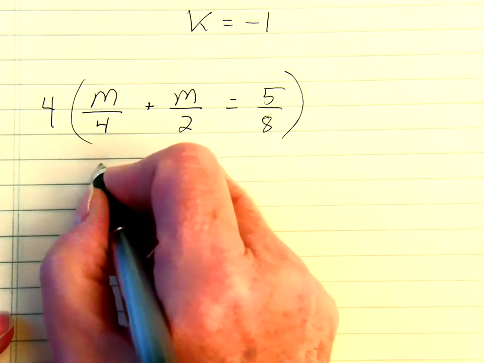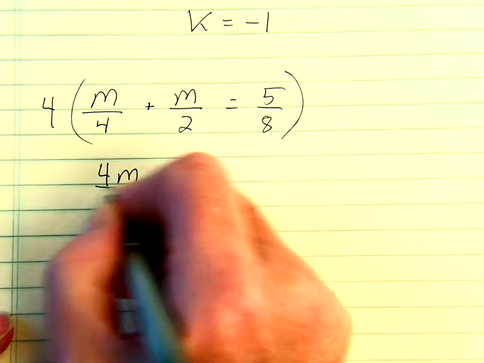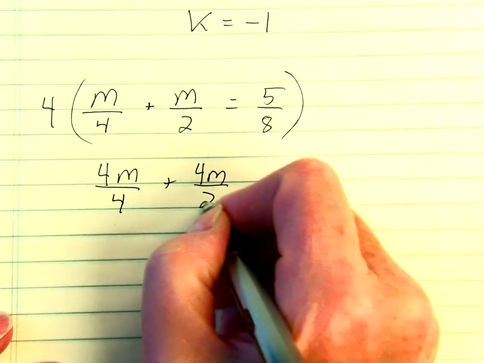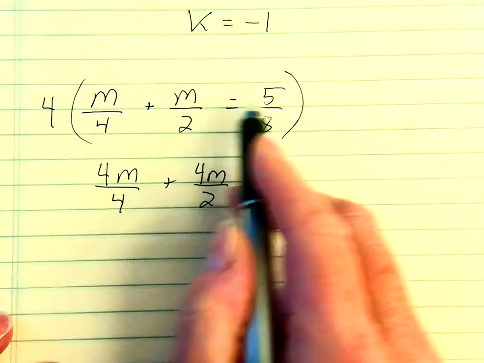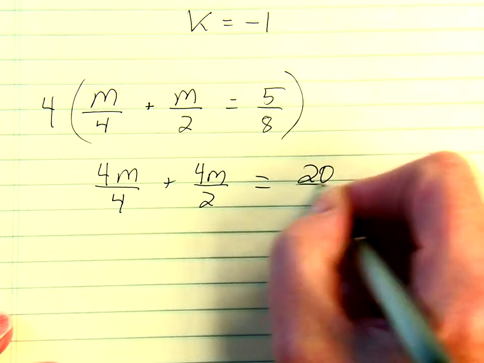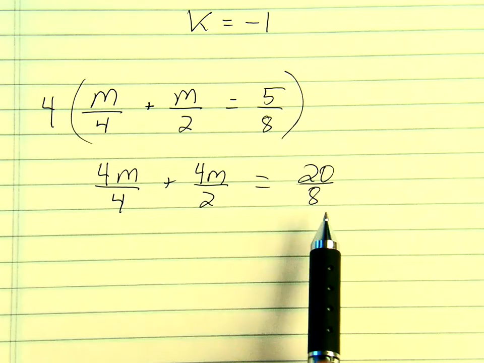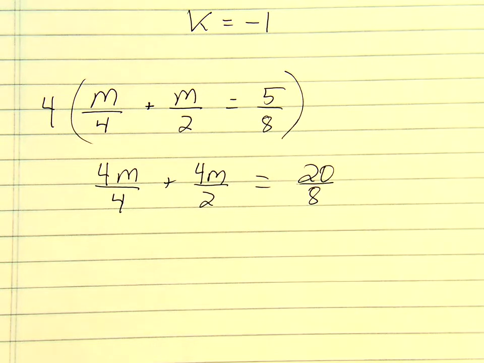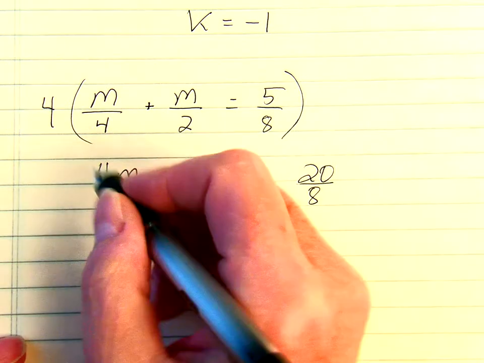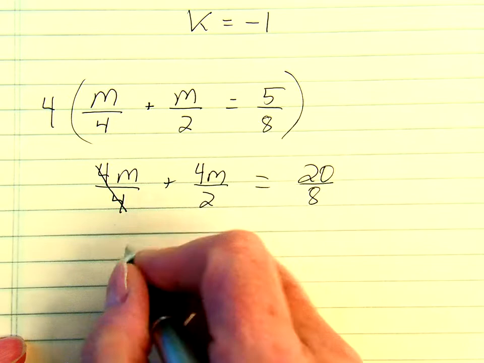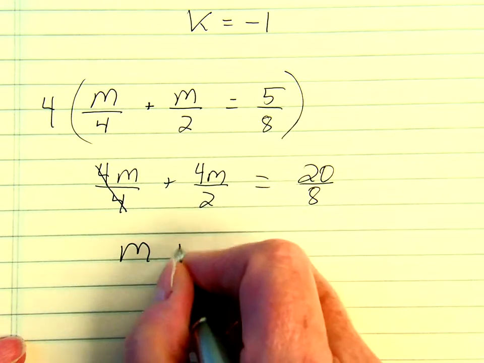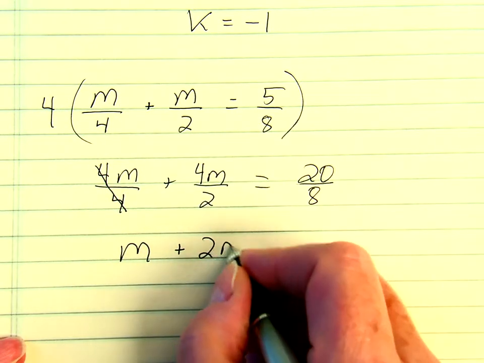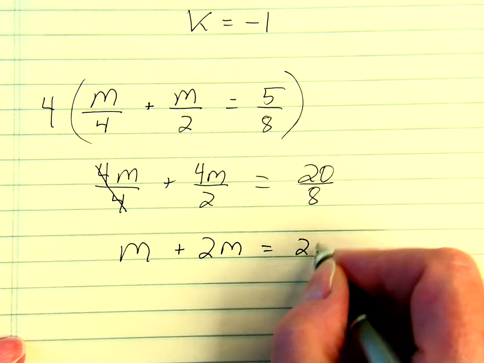This is going to give me 4m over 4 plus 4m over 2 equals 4 times 5 is 20 over 8. Notice all of my multiplication is being done in the numerator. We know 4 divided by 4 is 1, so I have just 1m there. 4 divided by 2 is 2, so here I have 2m equals 20 over 8.